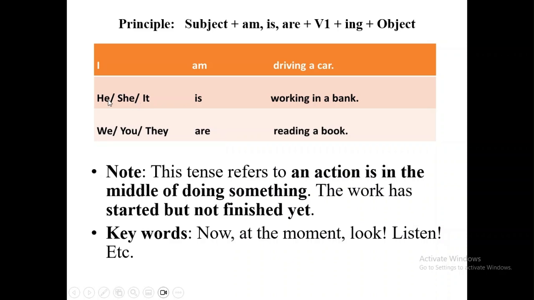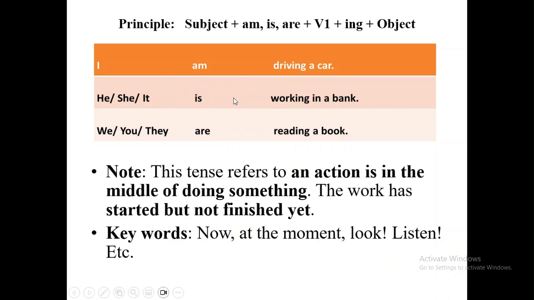Same with the third person singular, he, she, it. Whenever we find he, she, it in the subject position, we have to use the helping verb is.